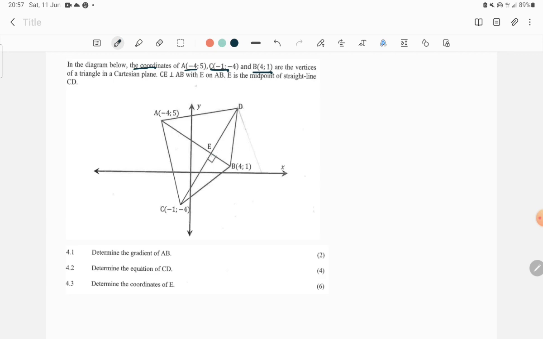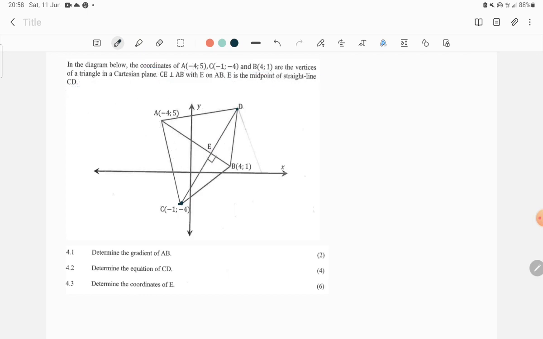We are told that CE is perpendicular to line AB, with E on AB, and E is the midpoint of straight line CD. That makes CE equal to ED. So that's the information that we have so far.